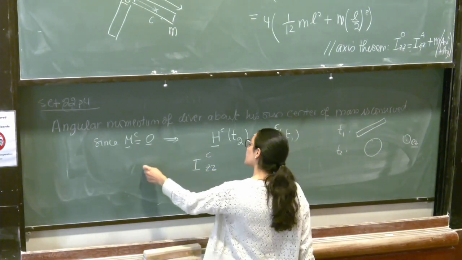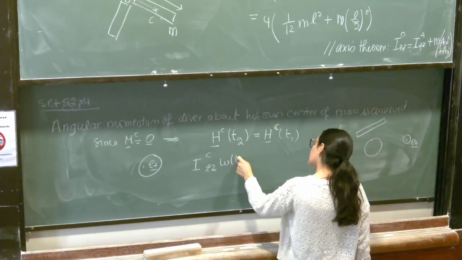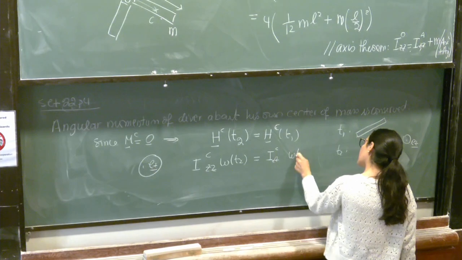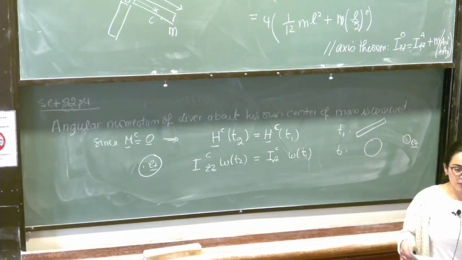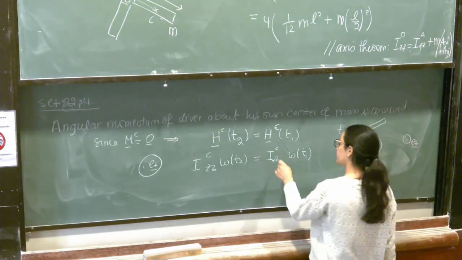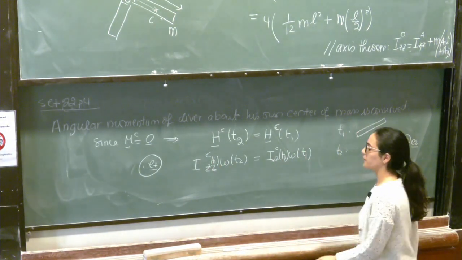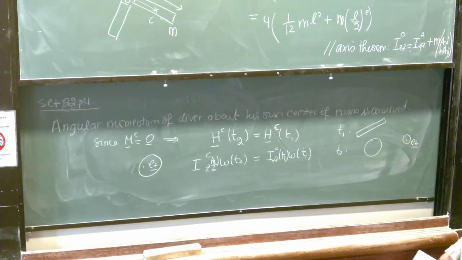If I project this along e_z, I get I_C,zz omega at T2 is equal to I_C,zz omega at T1. And I have to be careful, the moment of inertia is also changing, right? So the product of I_C,zz and omega is constant.